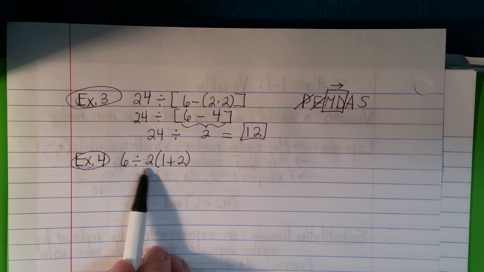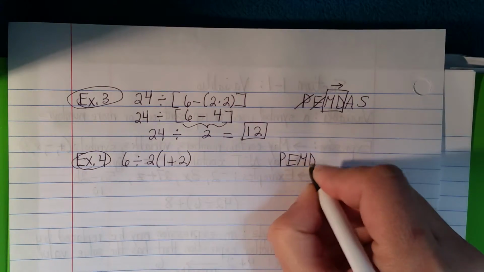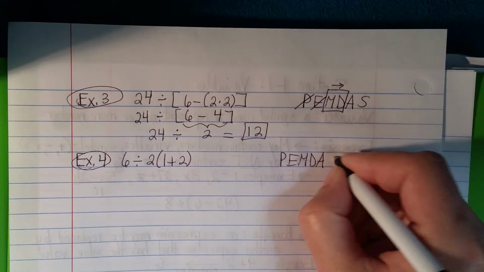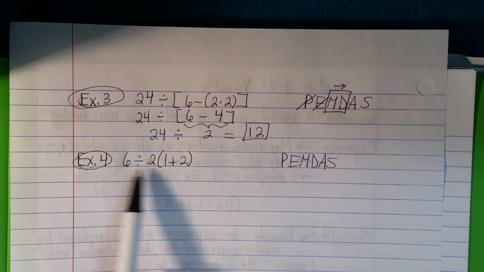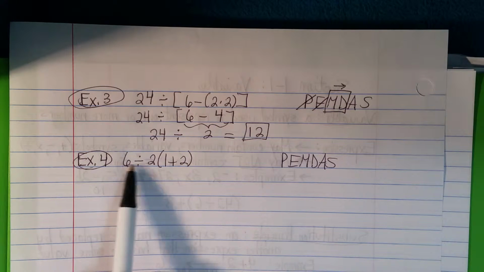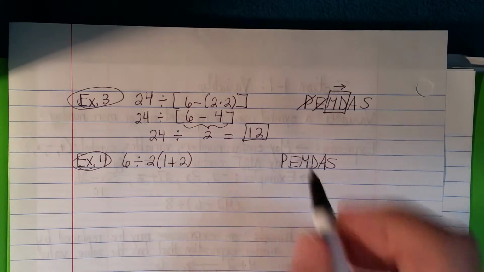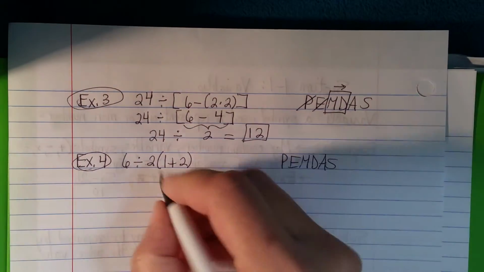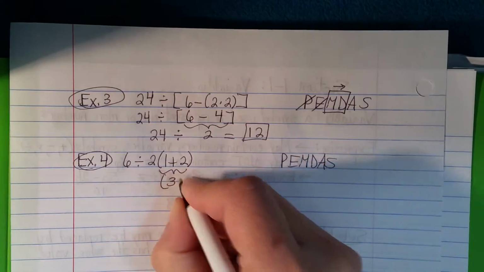Only one of them is correct according to PEMDAS. You can't do the 6 divided by 2 first, even though that's the first thing you see and it stands out. You can't call this 3. You have to do the grouping symbol first. So this becomes a 3.